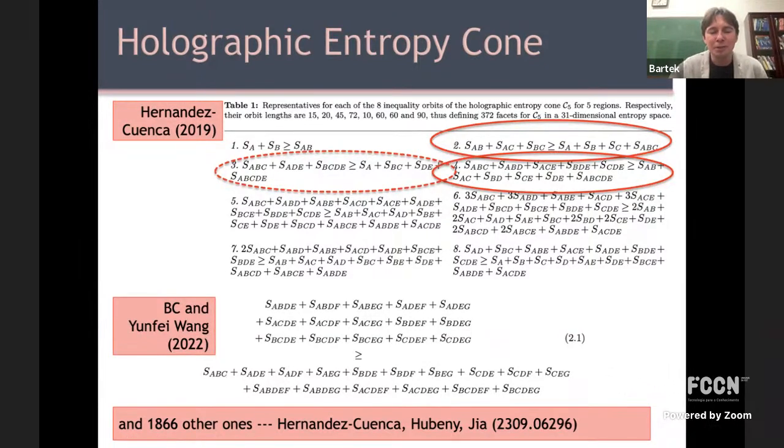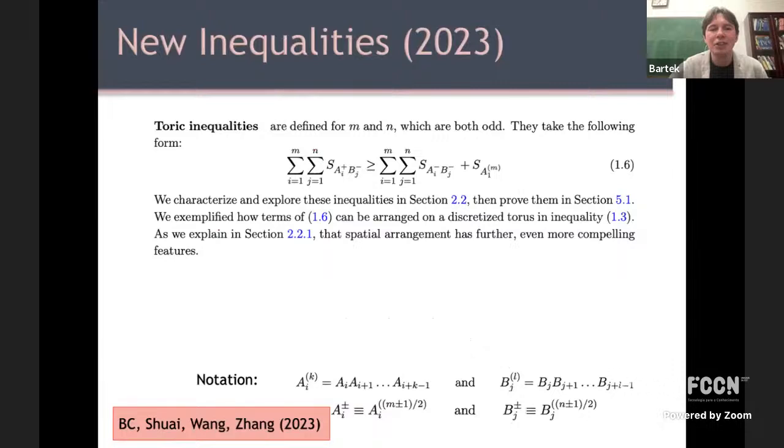Now I want to tell you that my research group has found a generalization of these types of inequalities, and it's an infinite generalization. We call this infinite generalization the toric inequalities. Here they are, and unfortunately, I have to ask you to understand just a modicum of notation.